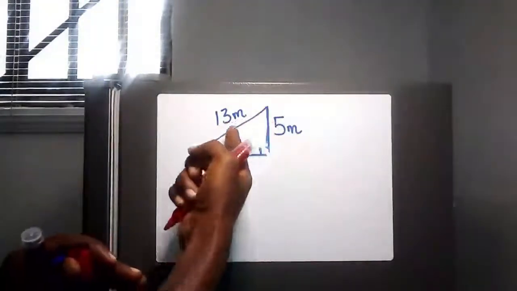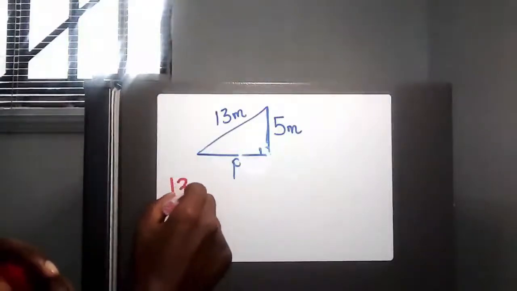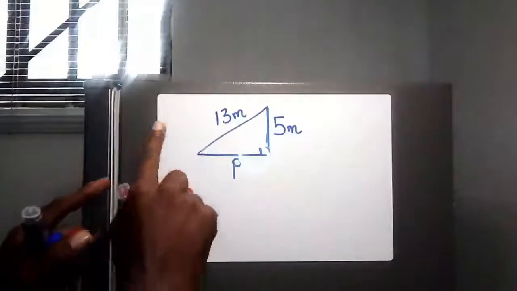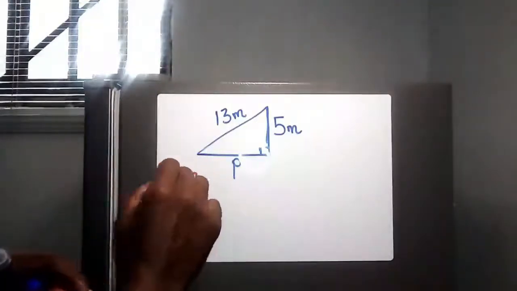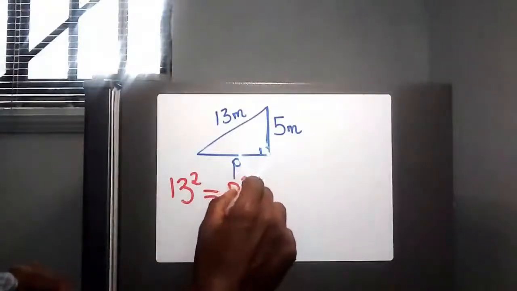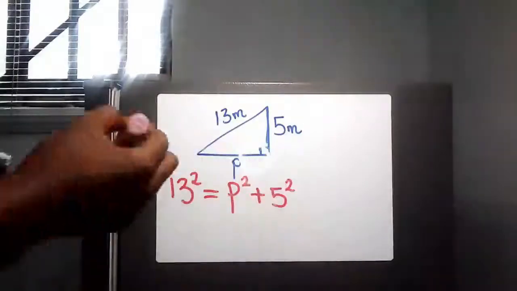Where's the hypotenuse? Right here. The hypotenuse is 13. The square of the hypotenuse is equal to the sum of the squares. This is p squared plus 5 squared.